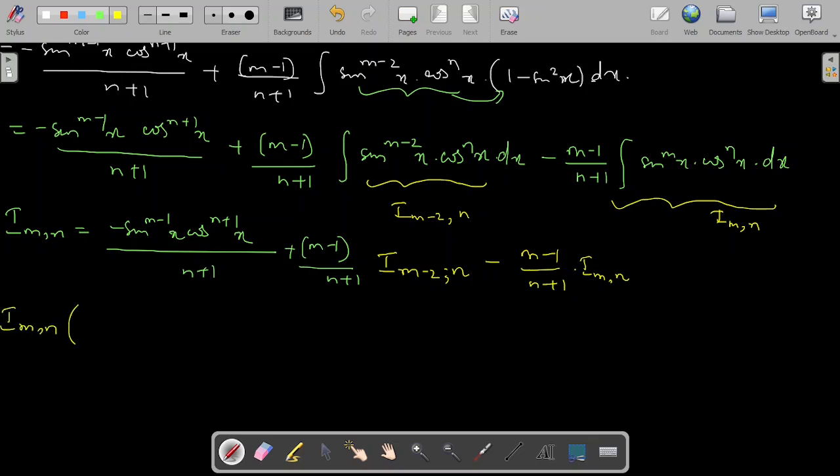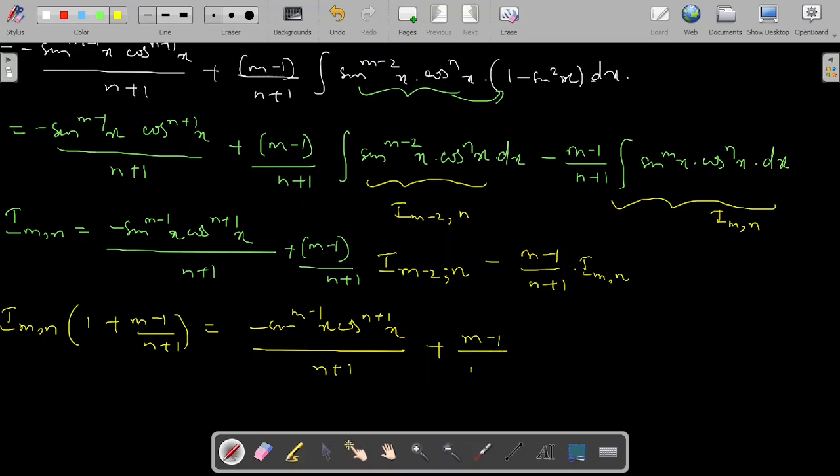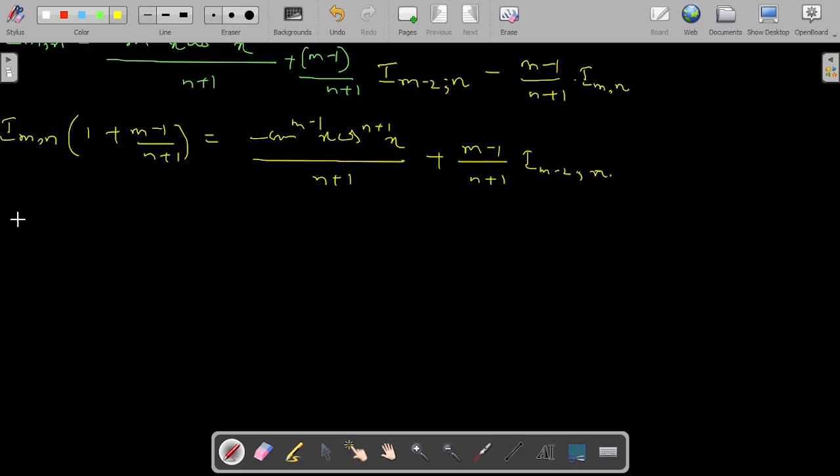I_{m,n} common, 1 here. Then this becomes plus (m-1)/(n+1), which is equal to -sin^(m-1)x cos^(n+1)x divided by (n+1), plus (m-1)/(n+1) into I_{m-2,n}. Now simplify this.